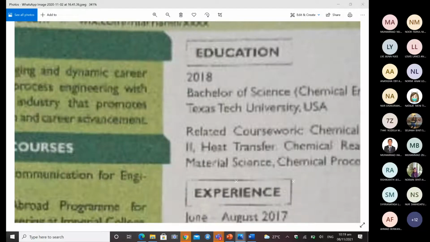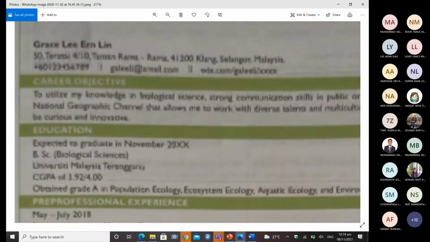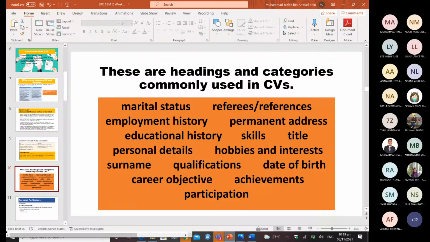Similarly, in the other examples, you will see the same repeated pattern where the headings are all in uppercase letters. So headings are basically the big titles that you need to include when drafting a CV, which include marital status, referees and references, employment history, permanent address, education, skills, title, personal details, and so on.